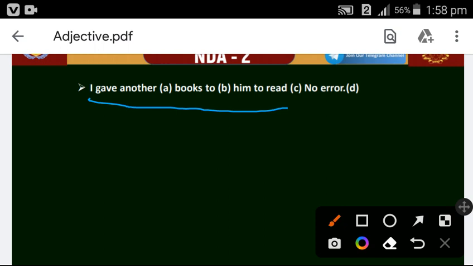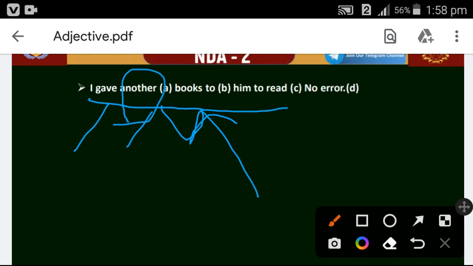I gave another book, and as I said, another is a demonstrative adjective, and when a demonstrative adjective is used in a sentence, we have to follow a singular verb and a singular noun as well.